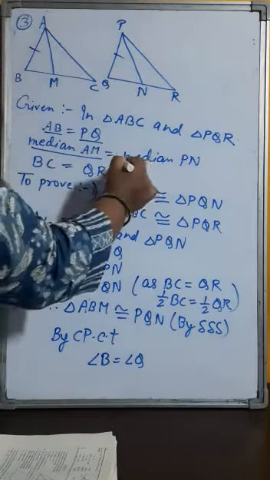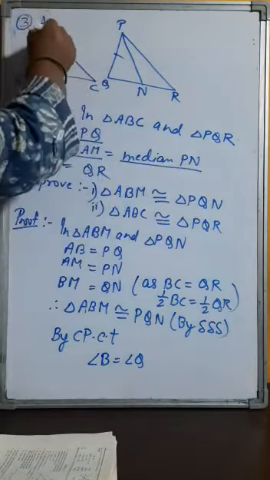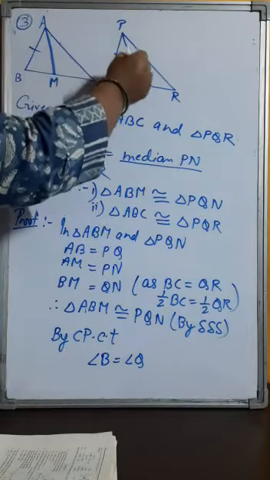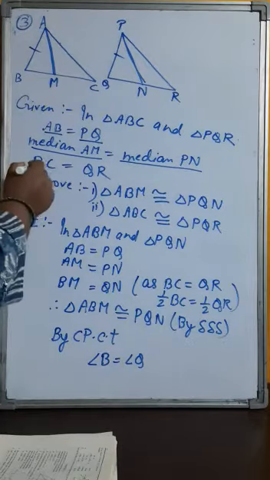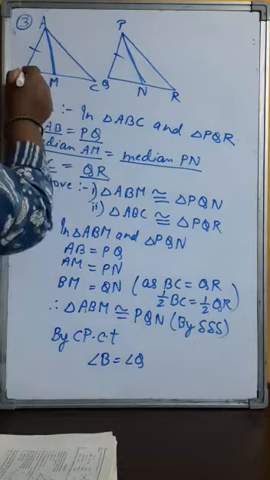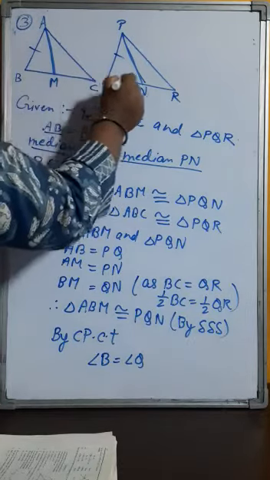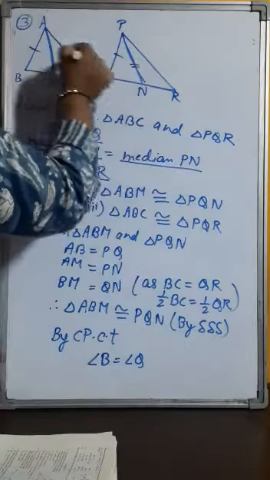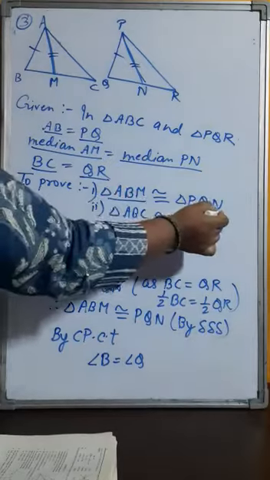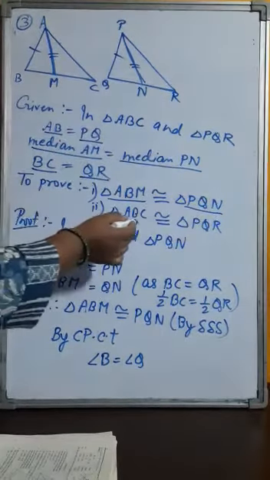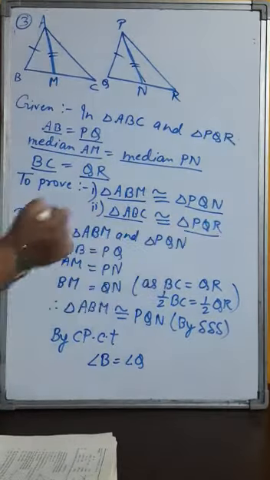Median AM is equal to median PN, both are equal. BC is equal to QR. We have to show that triangle ABM is congruent to triangle PQN and triangle ABC is congruent to triangle PQR.